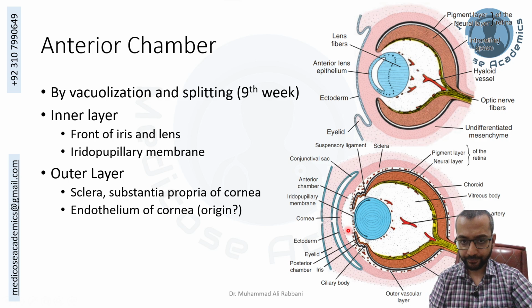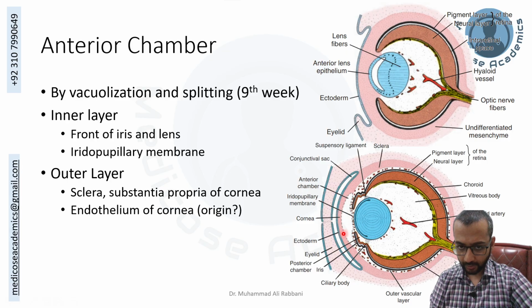As this is broken up, this layer of condensed mesenchyme is split into two parts. The part that is near the surface will form the cornea. To be more specific, it will form the stroma of the cornea. Moreover, this dotted line will form the lining on the inner aspect of the cornea, the endothelial lining of the cornea.